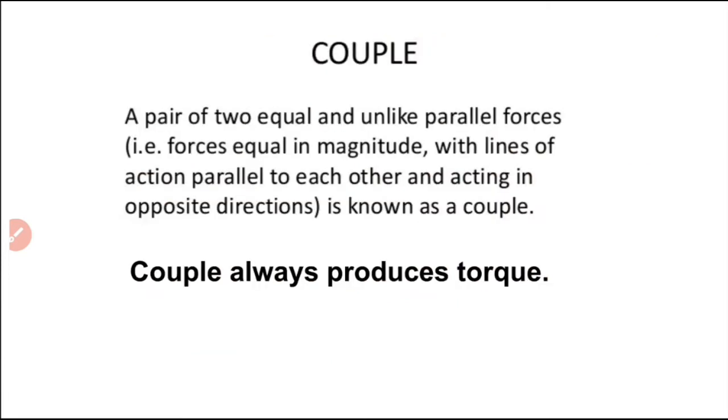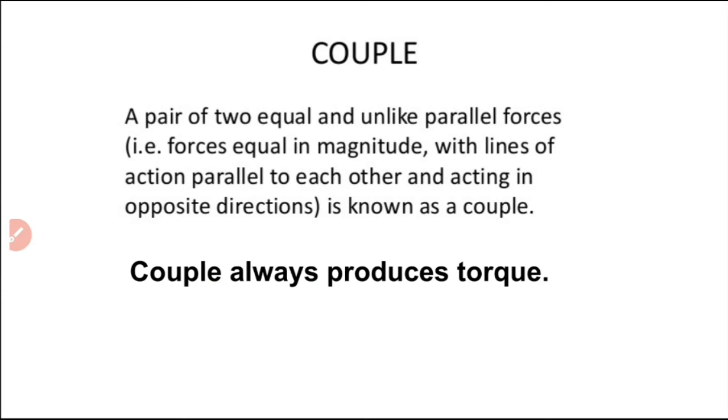Now we move on to our next topic, that means couple. So couple means two equal forces. Couple, the word itself suggests two. So two equal forces, and what is the peculiarity of those forces?